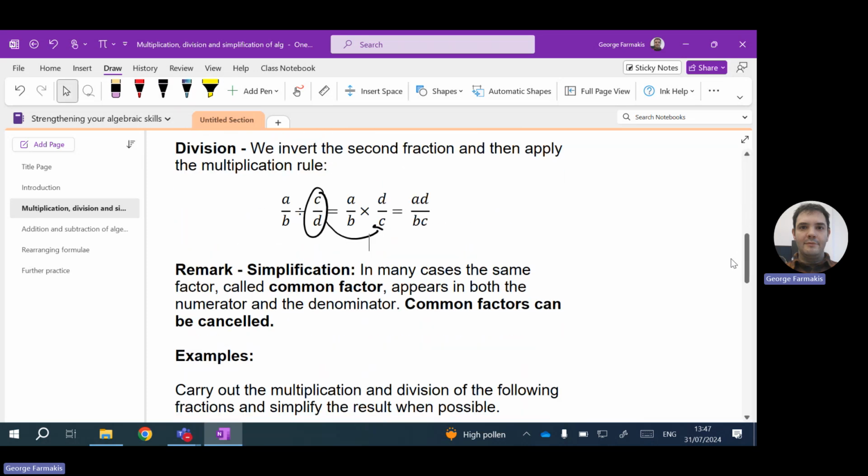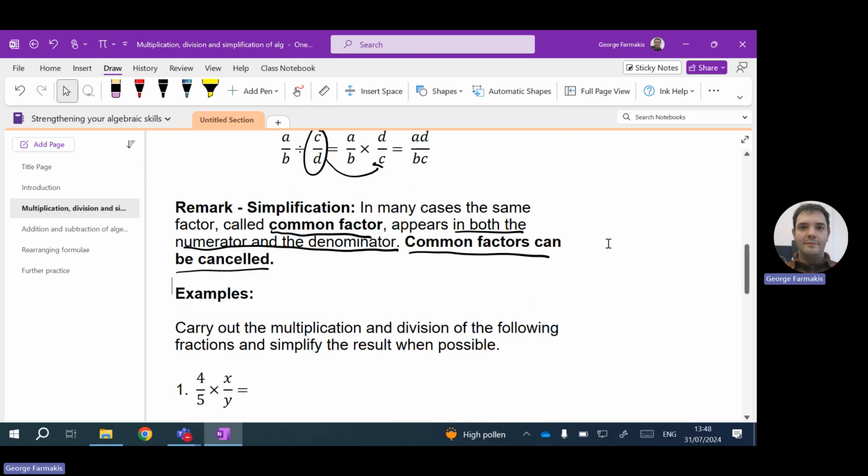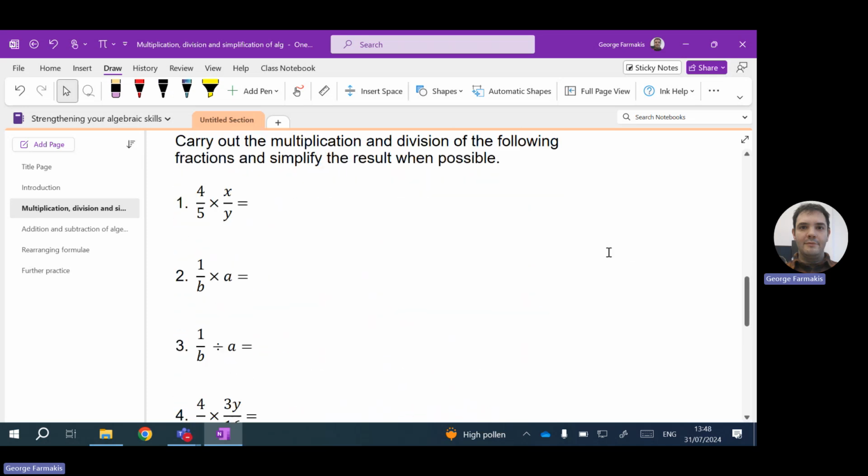Now, in many cases, a common factor appears in both the numerator and the denominator. Common factors can be cancelled, so we can simplify algebraic fractions. Let's do some examples. Let's carry out the multiplication and division, and if it's possible, simplify as well.